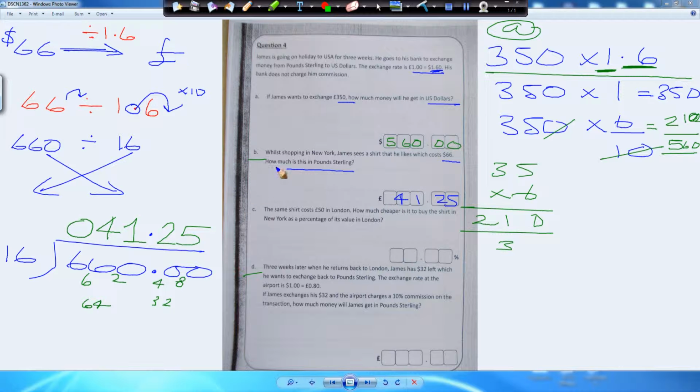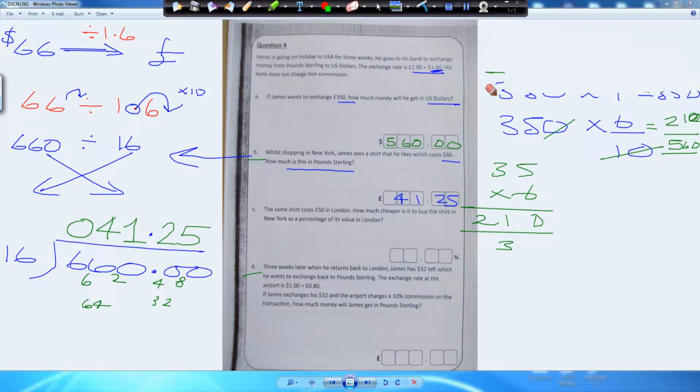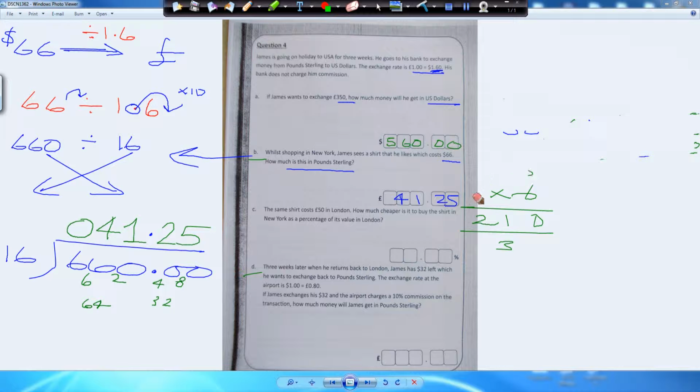What question have we just done? Was that B? Yeah. This is all of B. I need some more space now, folks. I'm just going to rub off this part over here. I can't wipe the screen, folks, because I'd wipe all the answers that we got.